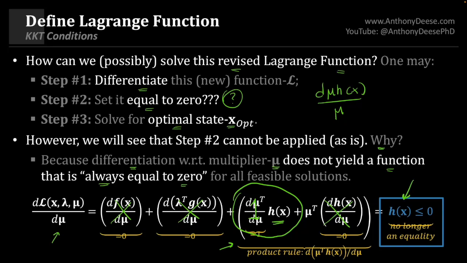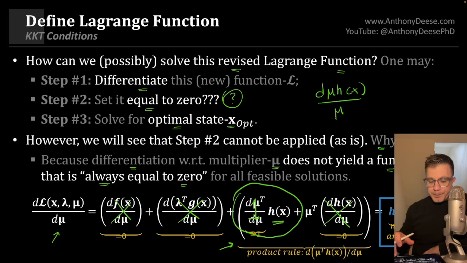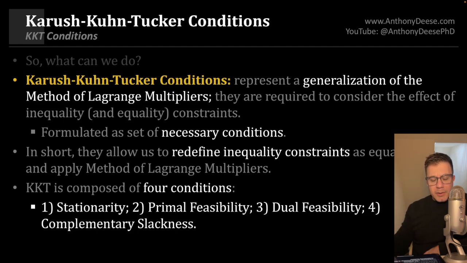Now previously when we did this, in the last module, we ended up with g of x, and g of x is equal to 0 for the entire feasible region. So we could just go ahead and use that, but you'll see here that it's different with h of x, right? H of x is not equal to 0. It's less than or equal to 0. So if we constrain that to 0, we're essentially going to be over-constraining our problem and not potentially getting the most optimal solution. All right, so what can we do?